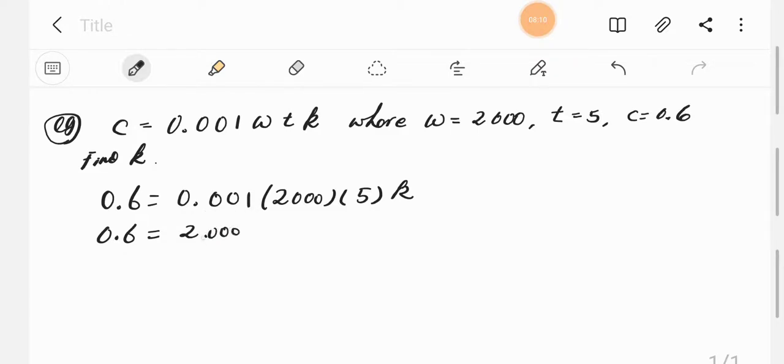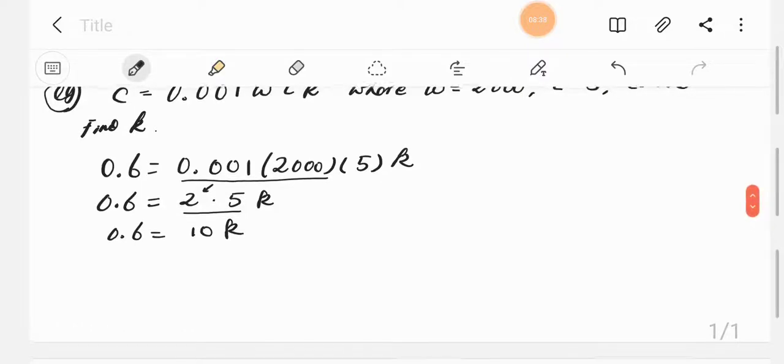So 2.000 is actually equal to 2. So why don't we just remove all the zeros? So this is 2. So this will be 2 times 5 times K. Then this will be 10K.